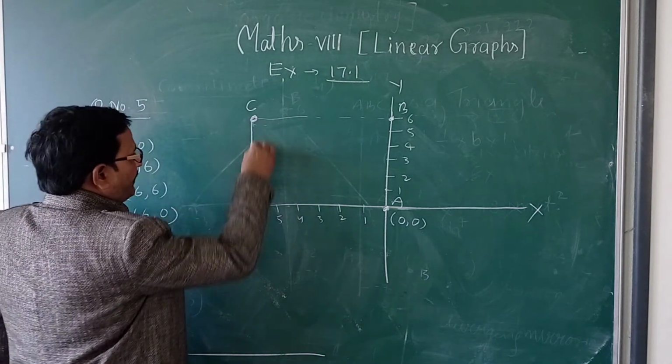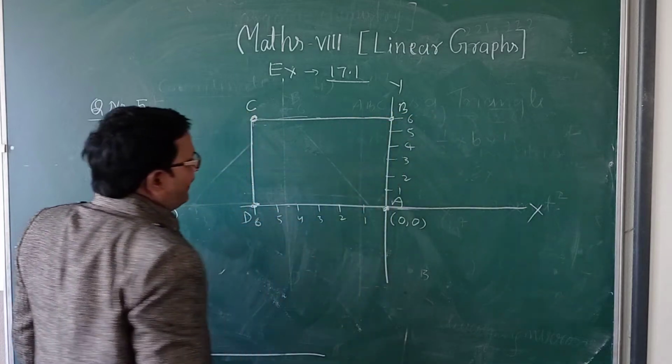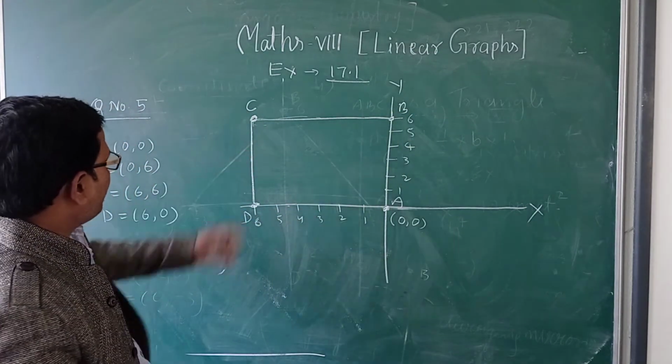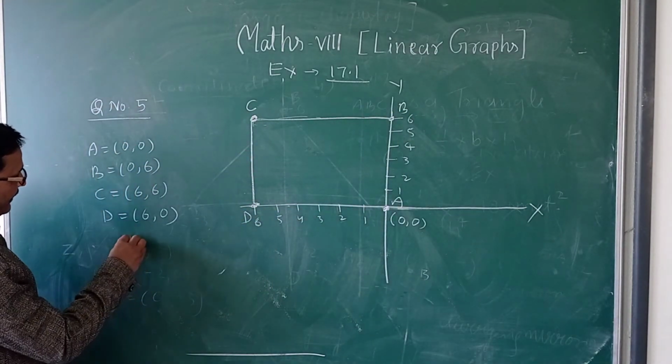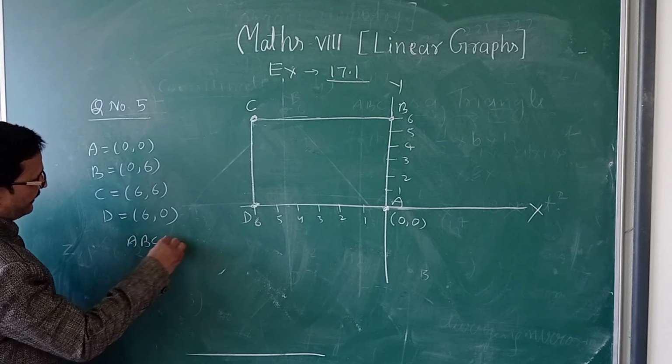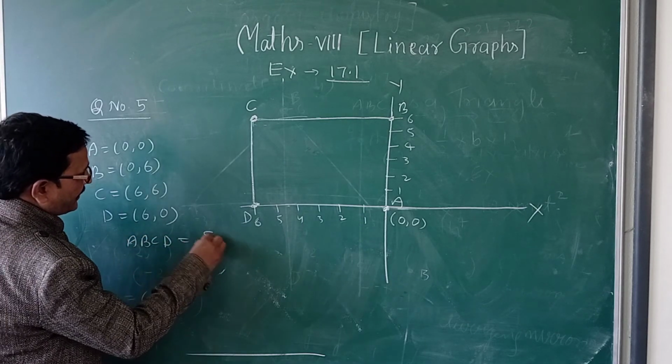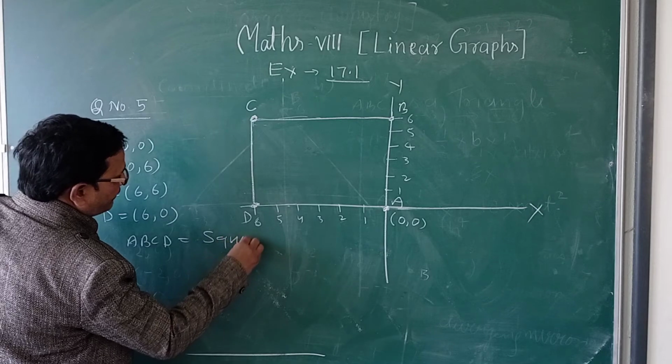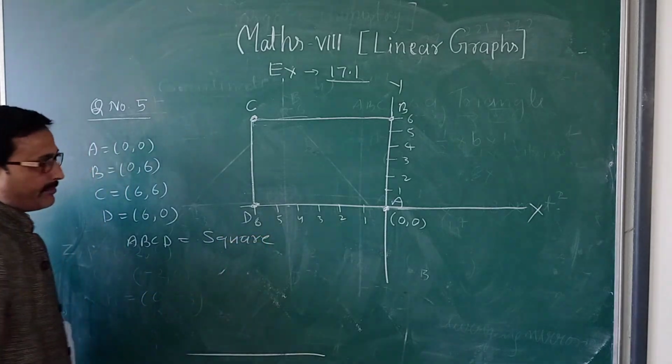Name the figure. The question says rectangle, but this figure is a square. ABCD is a square.